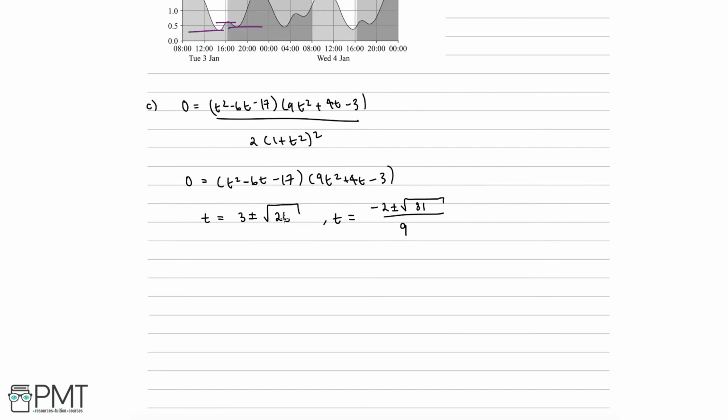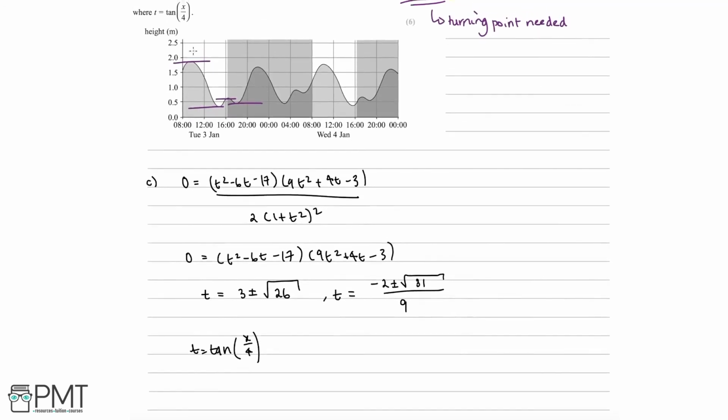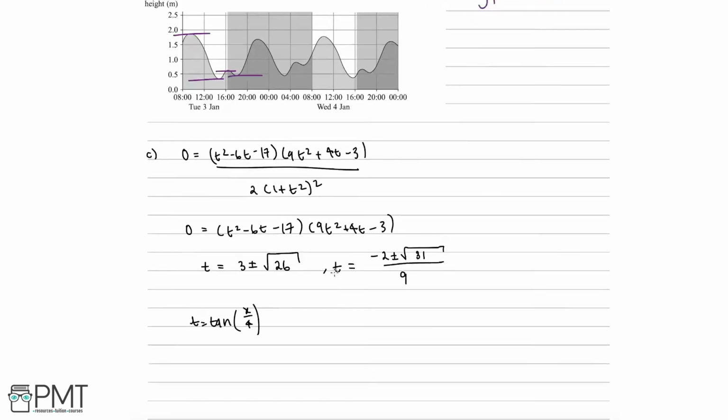Now, if you recall, t is equal to tan of x over 4, and we need to find our value of x. But you also have to remember that we need to find the smallest positive value of x to give us our first peak over here, because if we find our other positive values of x, we're going to end up with these turning points over here, which do not correspond to our highest peak. Well, how do we do this from these 2 equations?